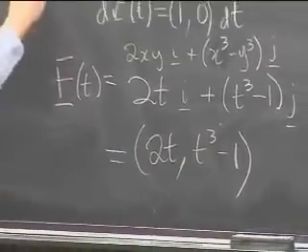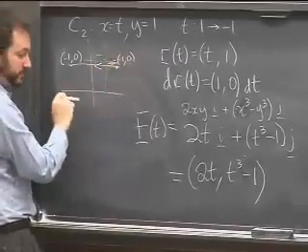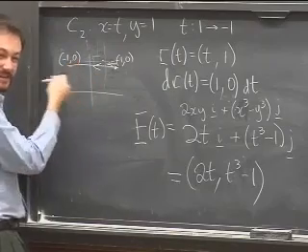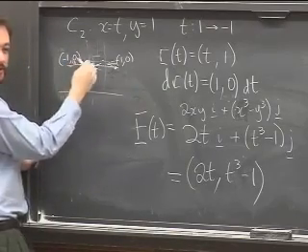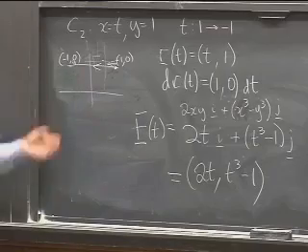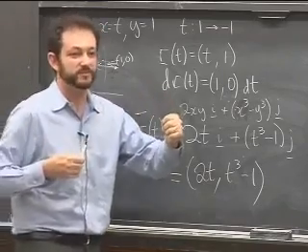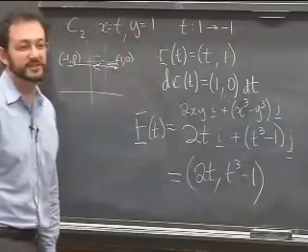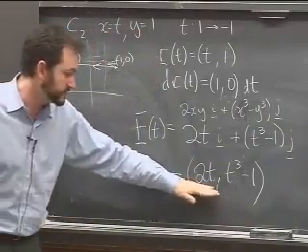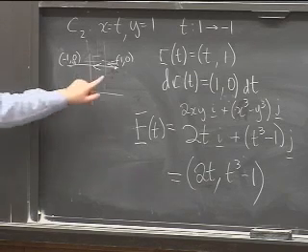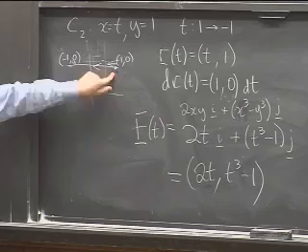So for every bit of work that you do here against a force pushing you that way, you get this energy back, or it's like negative work at exactly the same point on the other side. It's a zero-sum game. You've had to expend energy in one direction, and you gained the same amount of energy in the other direction against this force. That's because the 2t part is an odd function of t. It's positive when you're on the right, negative when you're on the left. Actually, that's not quite true. T is positive here. Yes, okay, it is positive when you're on the right.